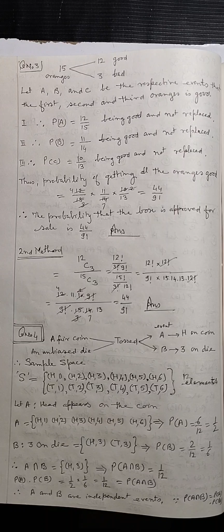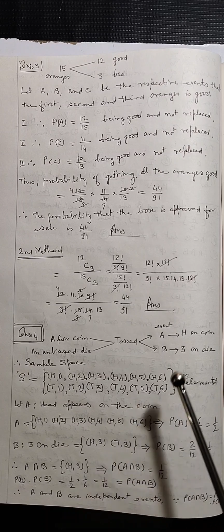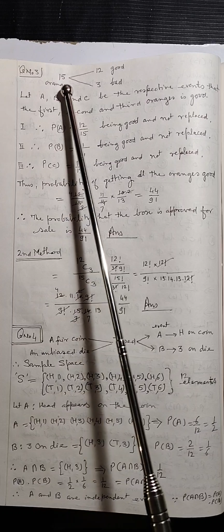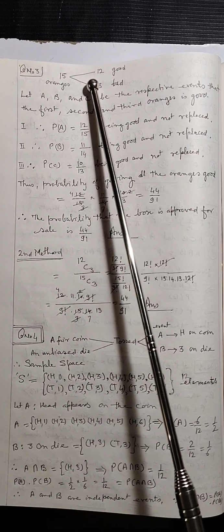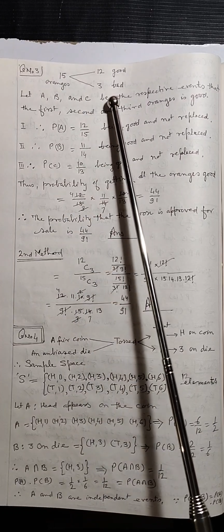Find the probability that a box containing 15 oranges, out of which 12 are good and 3 are bad ones, will be approved for sale. अब देखिए इस क्वेश्चन को कैसे करेंगे. देखिए कितने ऑरेंजेस है, 15 है, उसमें से 12 गुड है और 3 बैड है.